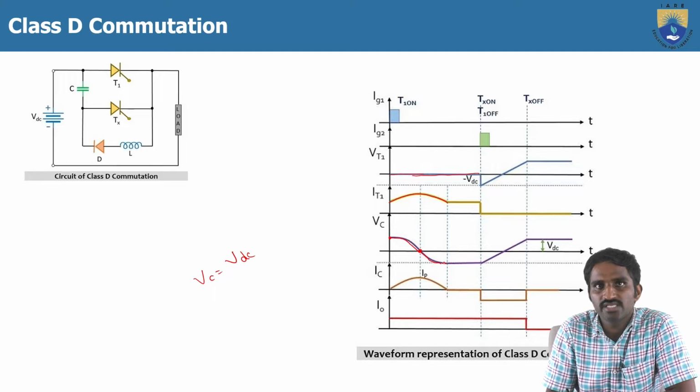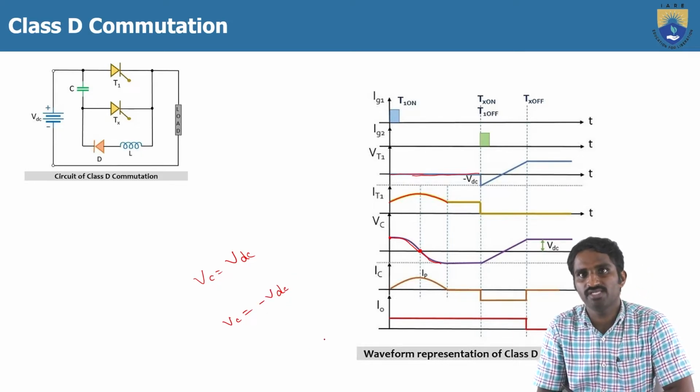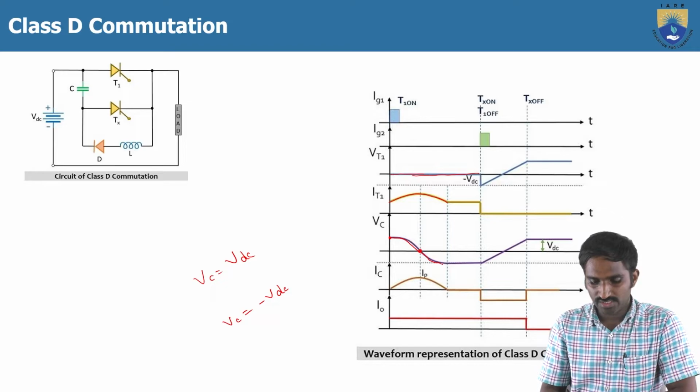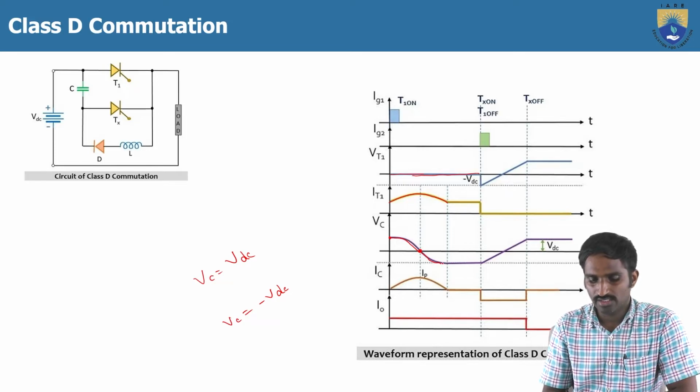Once it is fully charged, Vc is equal to minus Vdc. The maximum charging capability of the capacitor is Vdc only, so the capacitor is fully charged up to this extent.